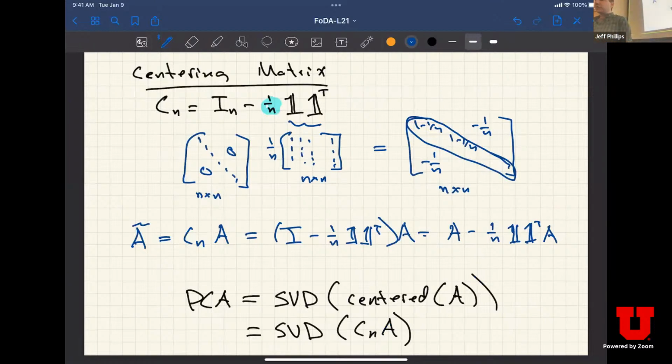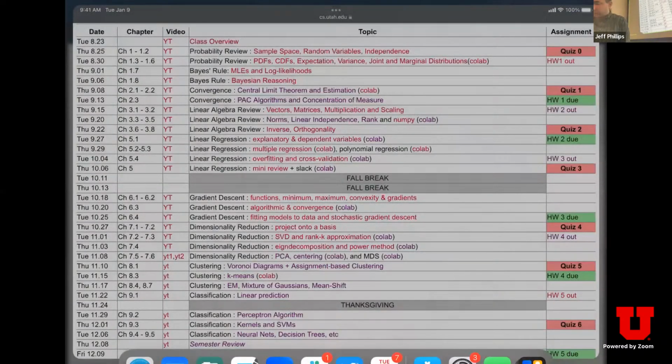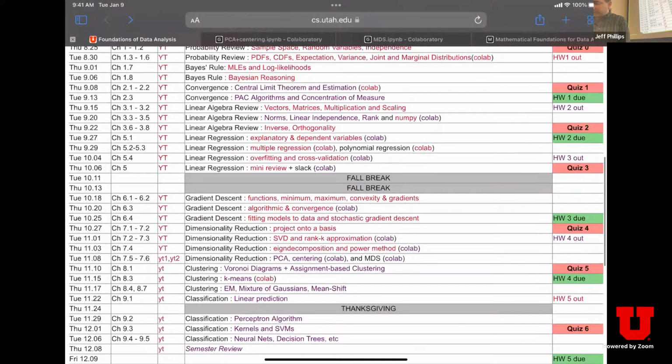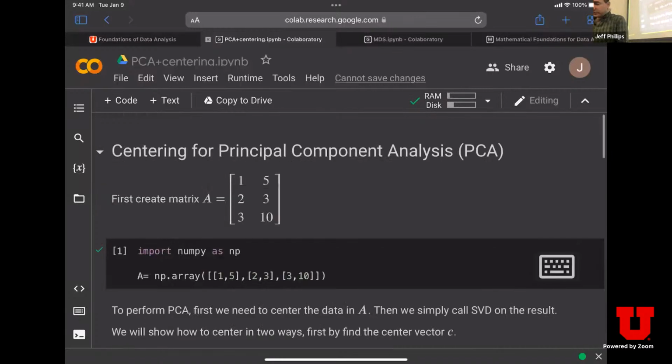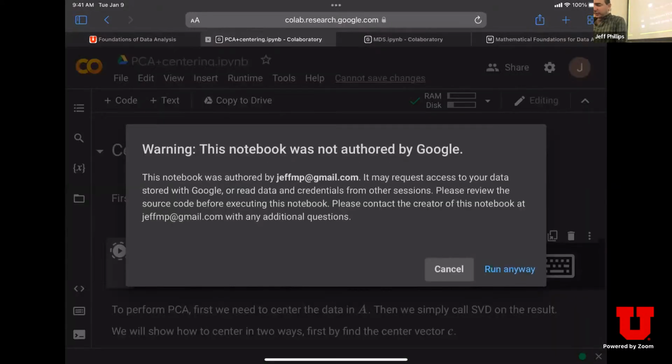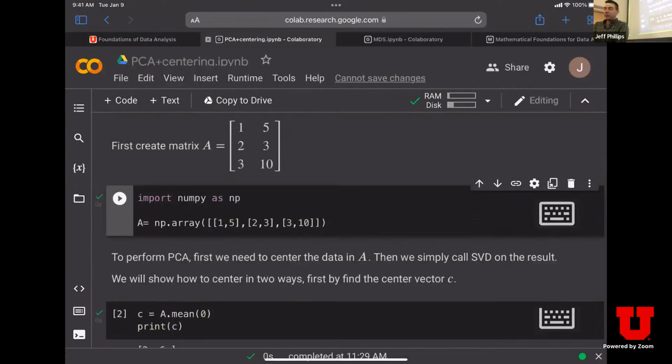Let me show you something quickly in Python. Let me just show you the centering step, and then we'll take a break and do multidimensional scaling. Just to convince you these are doing the same thing, I've loaded a very simple data set here.